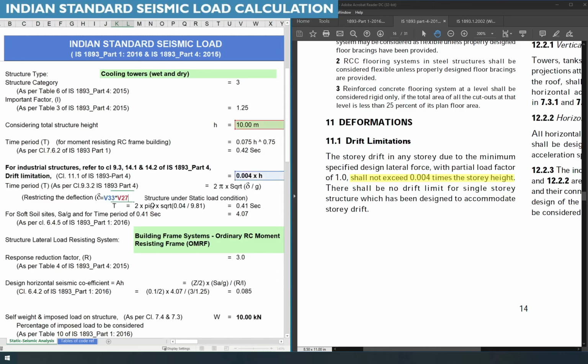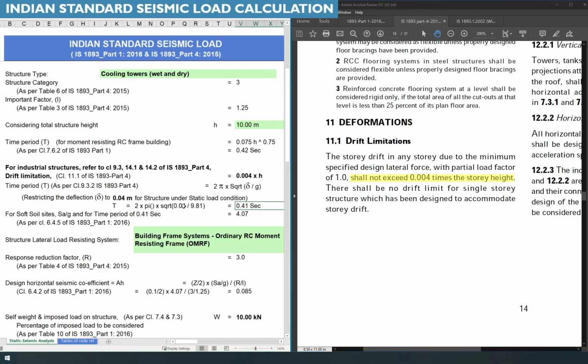By applying this I am getting 40 mm or 0.04 meter as my restricting deflection, that is the maximum deflection, and using that value I can find the time period, where g is the acceleration due to gravity, 9.81 meter per second square.